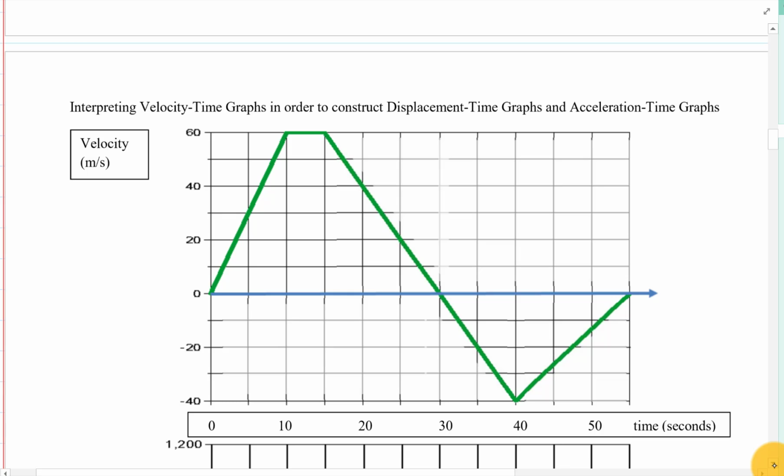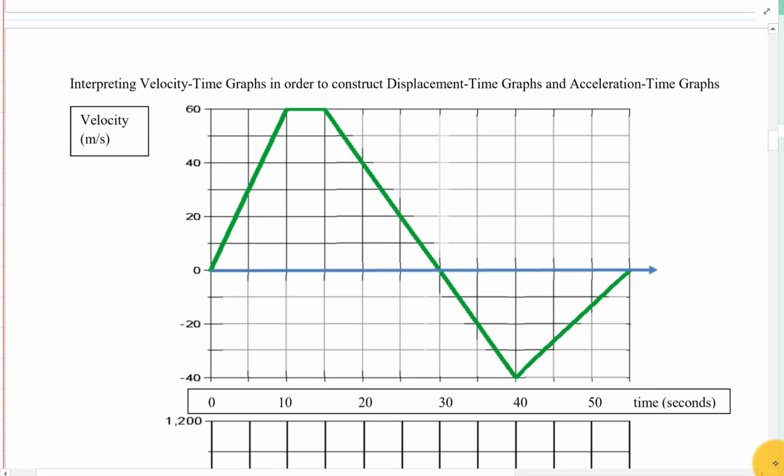So we're going to move on, and we're going to learn how to interpret this graph as an exercise. So we're going to work on it together. I'm going to let you go ahead and stuff like that. But what we're trying to do is read this velocity time graph, and the time is in seconds, and the velocity is in meters per second. And from this graph, we want to construct a displacement time graph and an acceleration time graph.